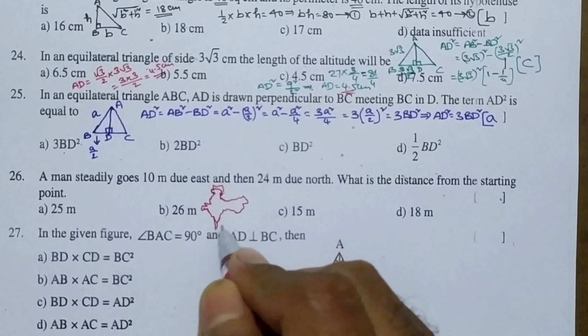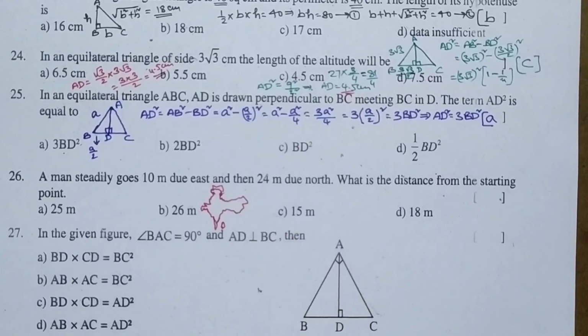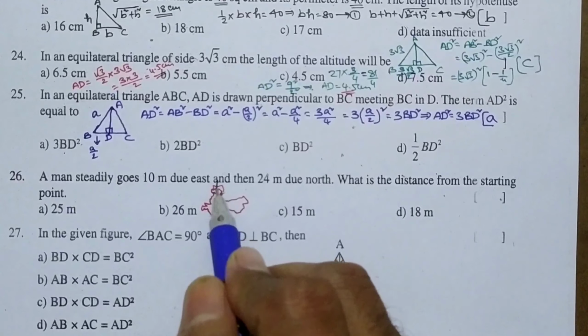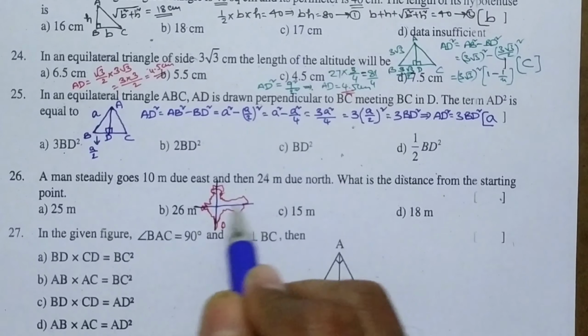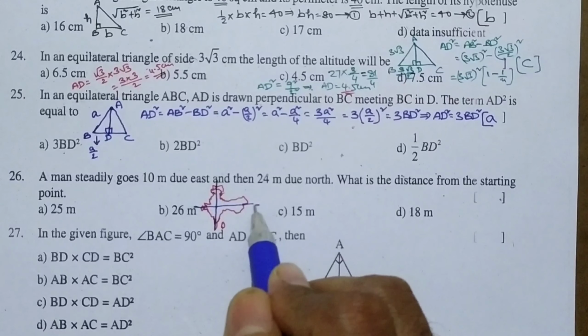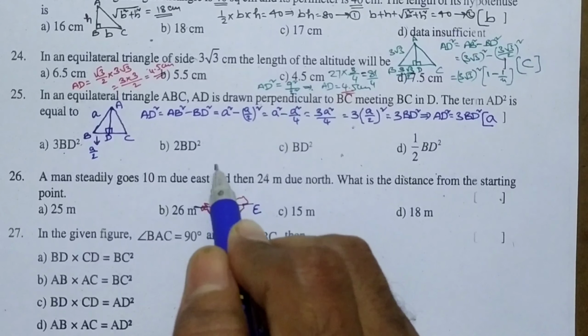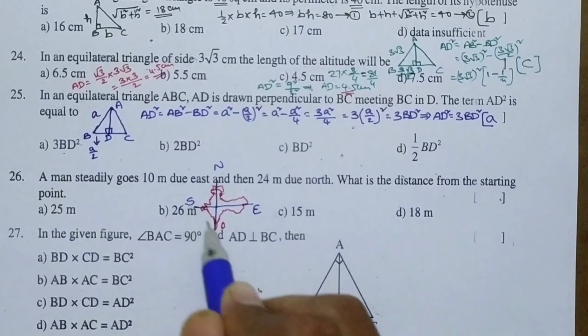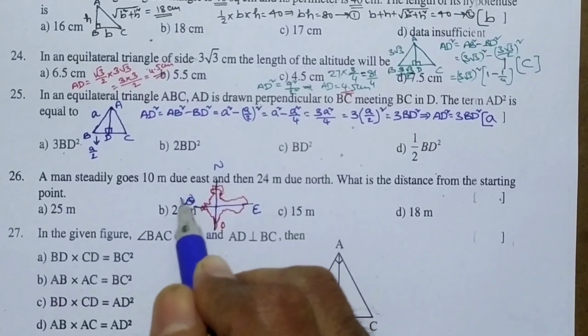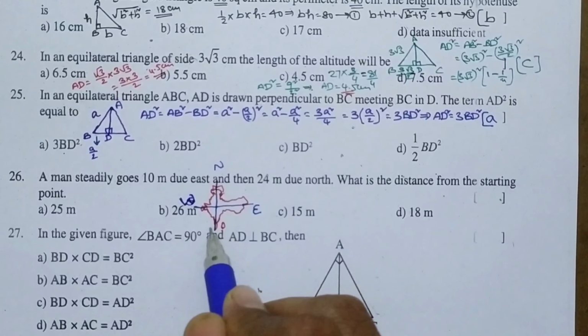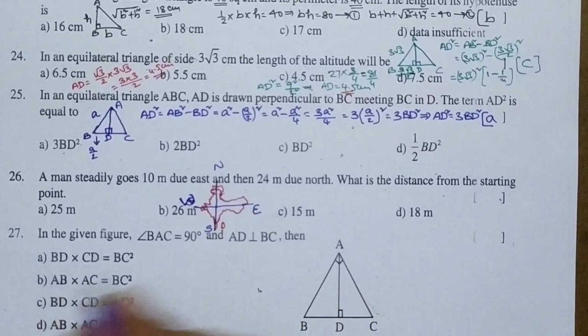Just imagine that this is our India map. If we make 4 parts, it will be like this. Let us consider this as the origin. This is east, this is North India, this is South India, this is West India. Now this is the starting point, you can keep in your mind.